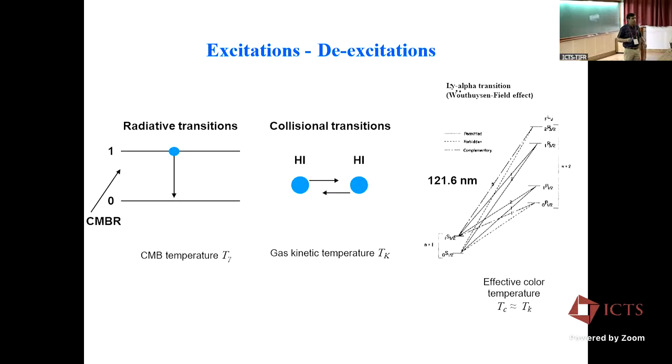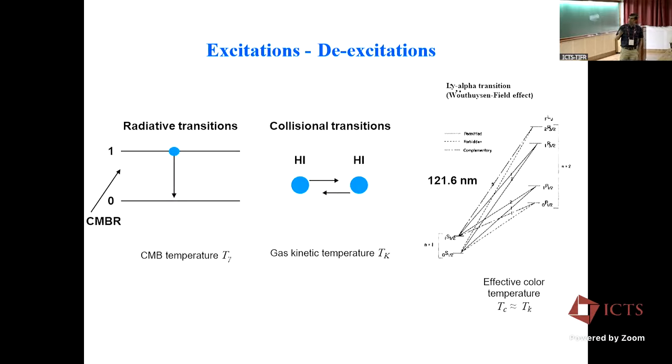So if you have a hydrogen atom inside the CMBR background, 21 centimeter wavelength photons will excite a singlet state atom to the triplet state, or it can also affect the triplet state by stimulated emission.